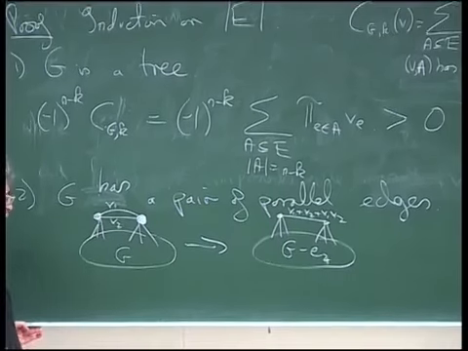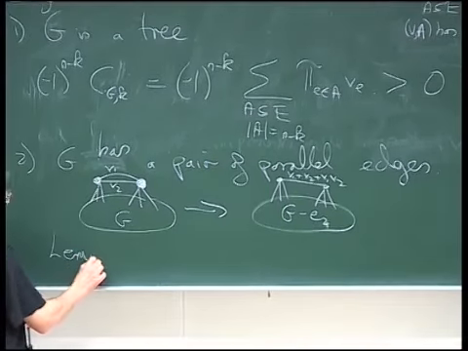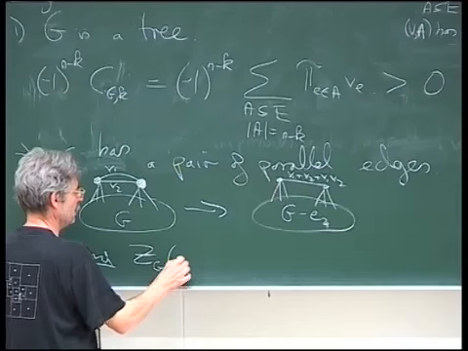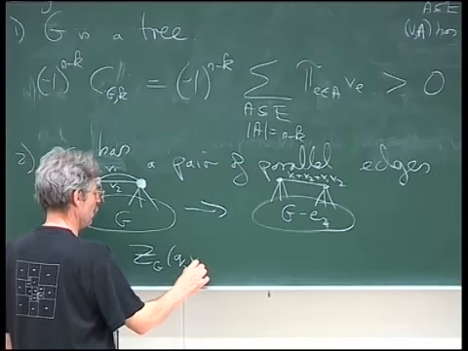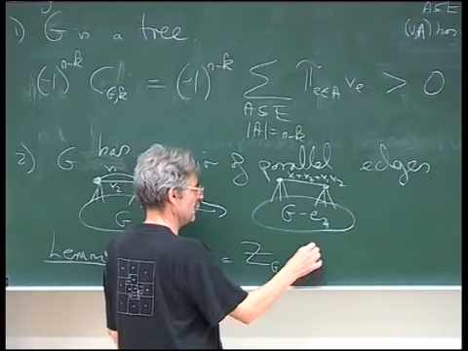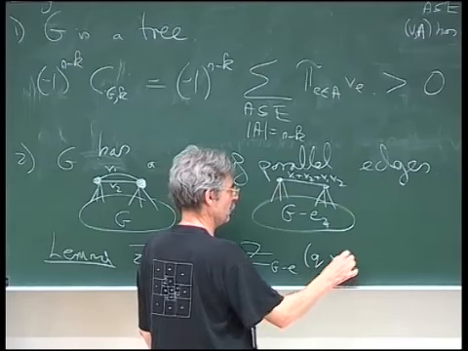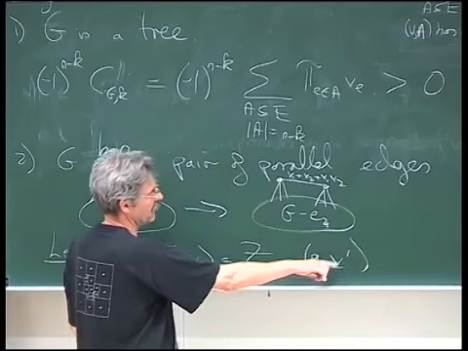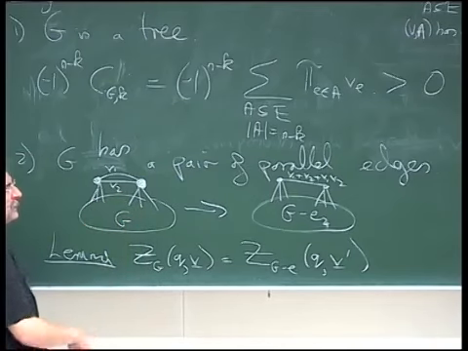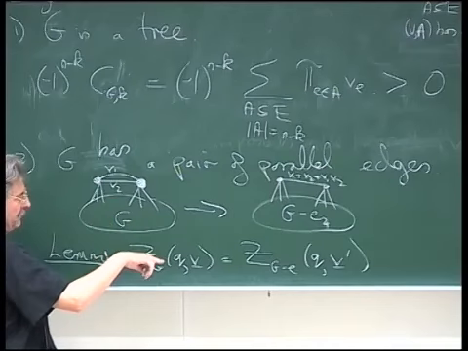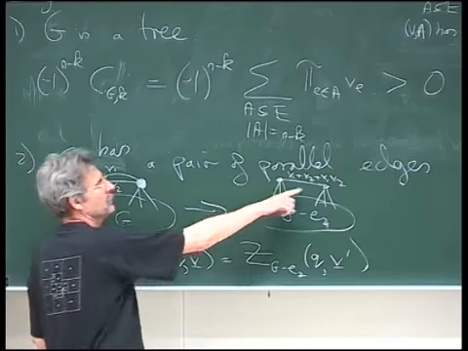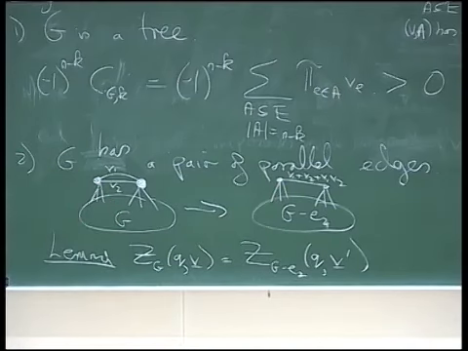And then the lemma is going to tell us that Z_G(q, v) is the same as Z_{G minus e2}(q, v'), where in v', all the edges other than e1, e2 get the same weight, and e2 is deleted, and the weight of e1 is replaced by v1 plus v2 plus v1 v2.